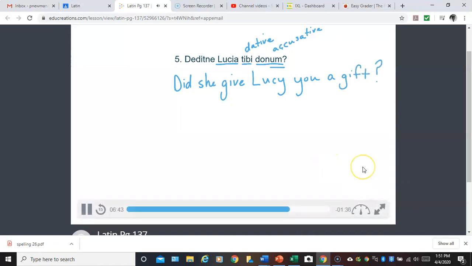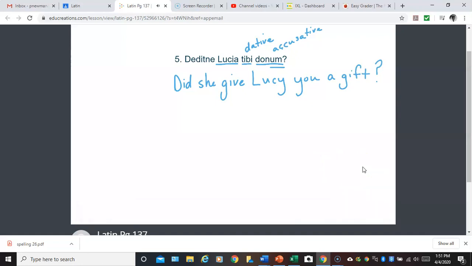So on this one, we need to use our Latin detective skills, and we're going to figure this out like a puzzle. Did she give Lucy you a gift does not make sense in English. Well, let's look at the first part. Did she give Lucy? Okay, Lucy is not the indirect object here. Lucy is who is giving.